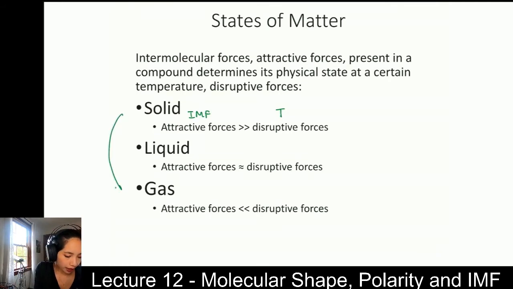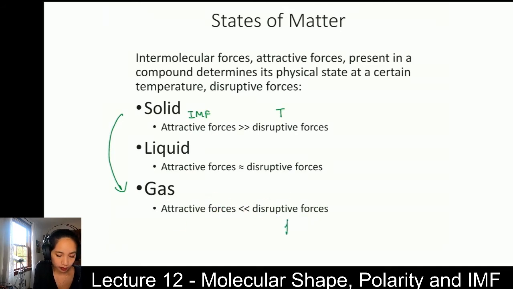We can compare our solid sample, where IMFs are greater than your temperature disruptive forces, to a gas sample. What if it's flipped? What if you have a higher temperature and there's a lot of energy in your sample? All those molecules are moving around so much that you break the attractive forces holding molecules together. That's what we mean here, where attractive forces are weaker than disruptive forces.